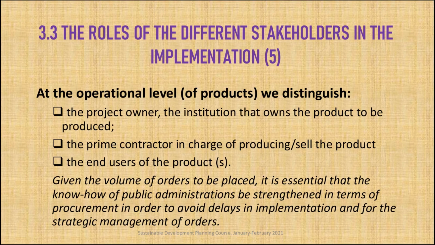And third, we have the end users of the product. Given the volume of orders to be placed, it's essential that the know-how of public administration be strengthened in terms of procurement in order to avoid delays in implementation and for the strategic management of orders.